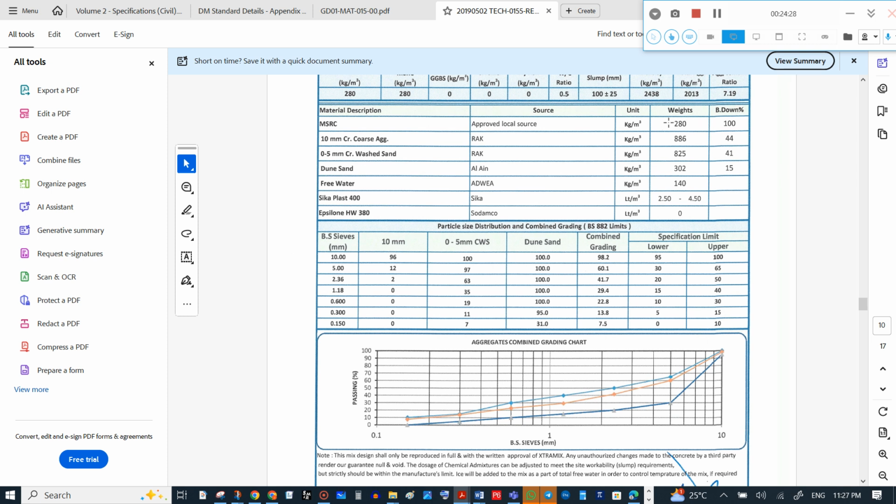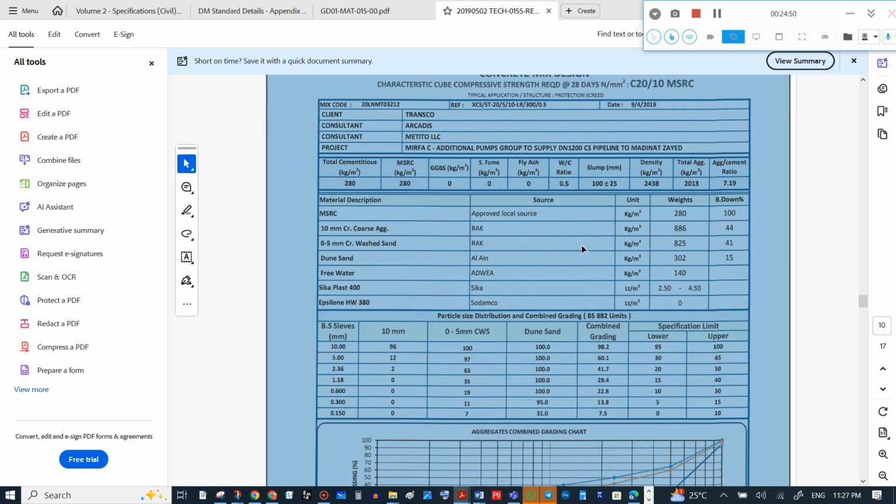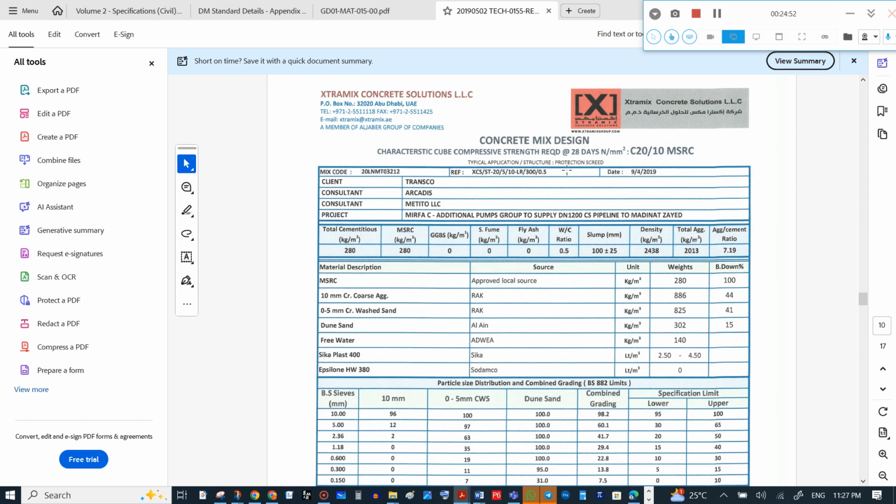This is a screed design, and we are also using Sika Plus at 400. This is on page 10 of 17, concrete mix design for protection screed. This is the MIR.